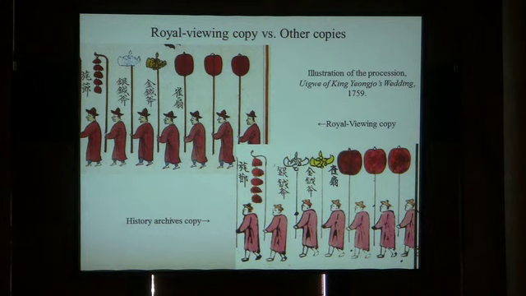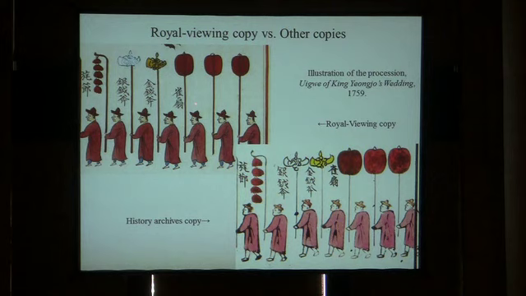But then, why we insisted on having these things: you will see the difference between the Royal Viewing Copy's painting and the History Archives copy. The figures here are all stamped. Look at the lines, very different.